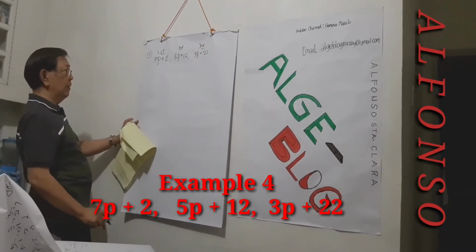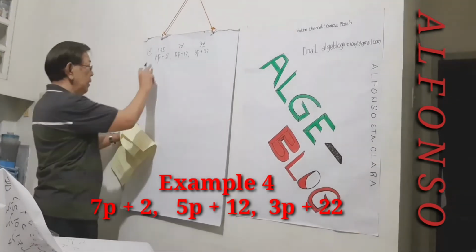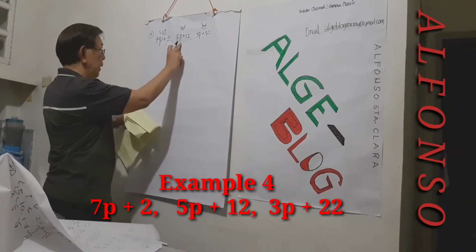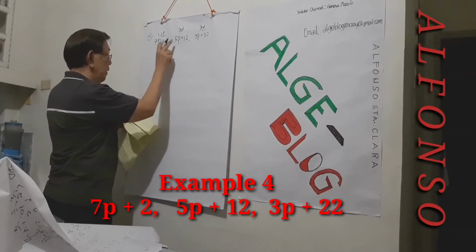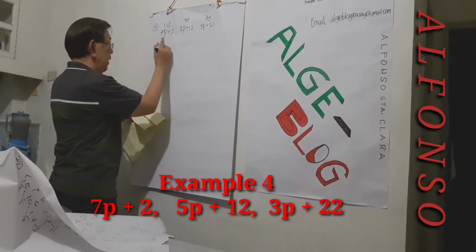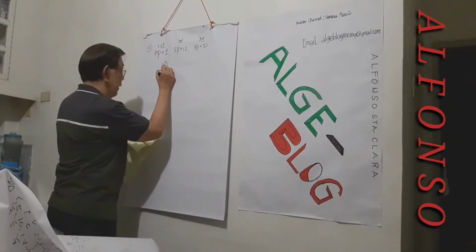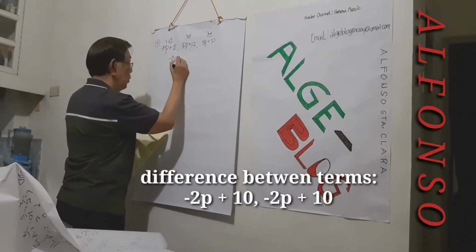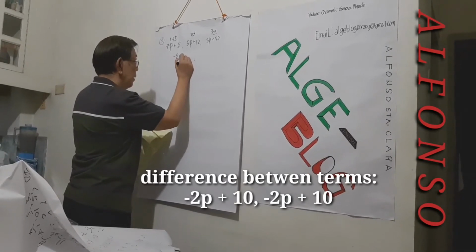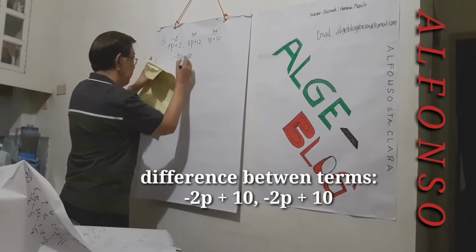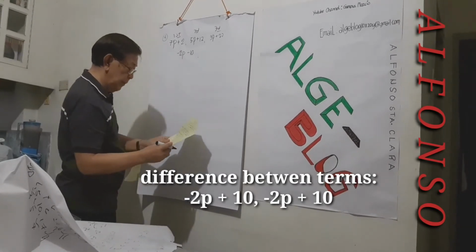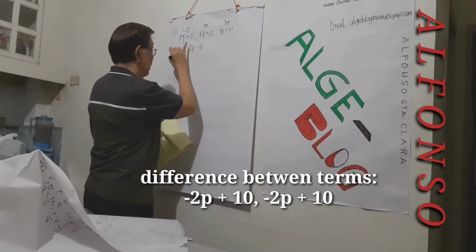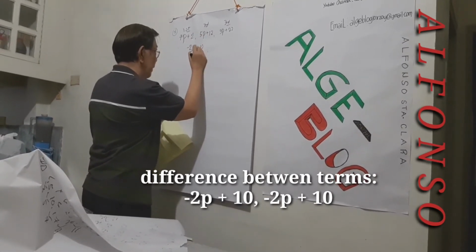You will say, oh, the longer numbers. But we can deduct if they have the same letters. In this case you can deduct 5p minus 7p, you come up with minus 2p, and 12 minus 2, you get 10. So to get from 2 to 12, you have to add 10.